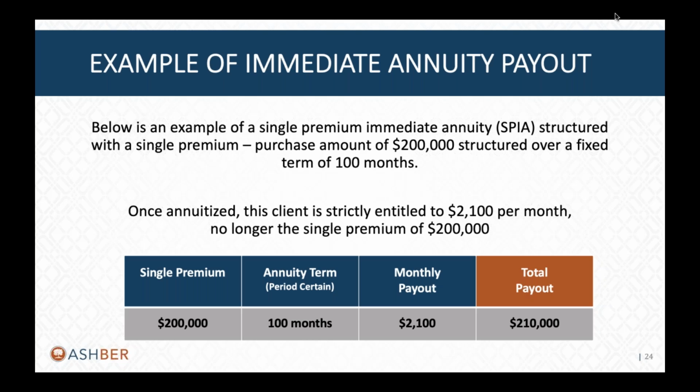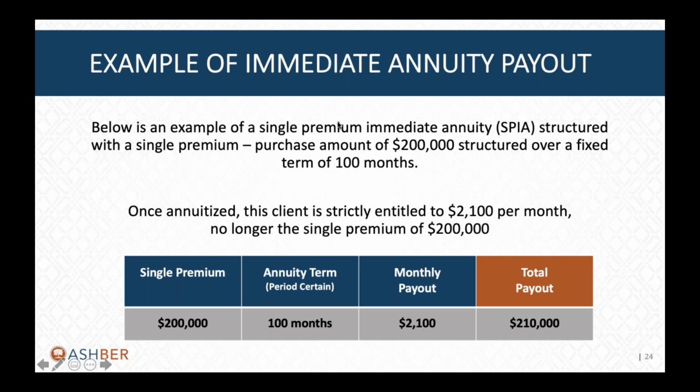But what's important to note here is that an immediate annuity, since it is strictly income to a client, this client could not go back to the insurance company after purchasing the policy and ask them for the $200,000 back. They're strictly entitled to the $2,100 for the 100-month time frame that they agreed to purchase this annuity for.